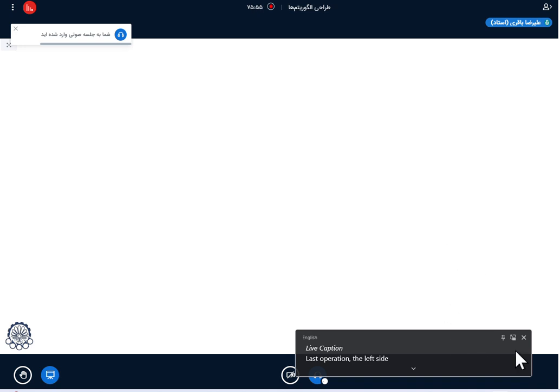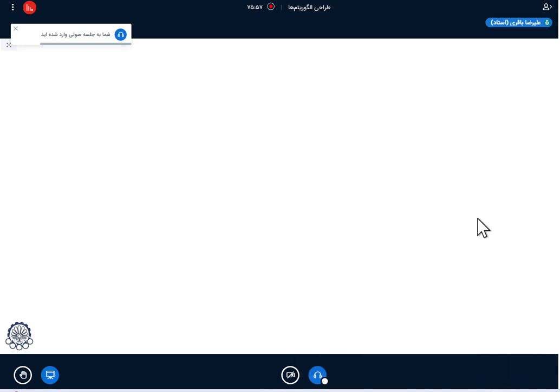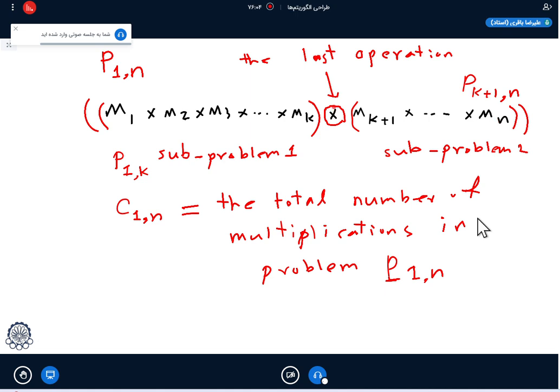The result of the left side is multiplied by the result of the right side in the last operation.